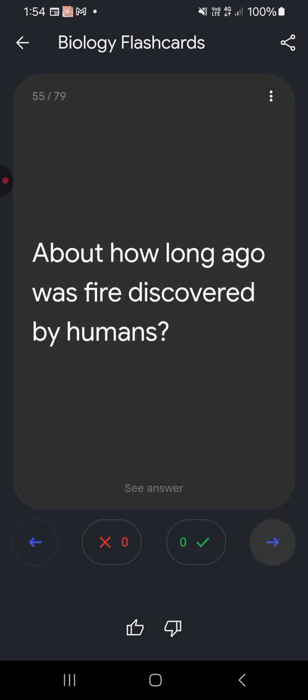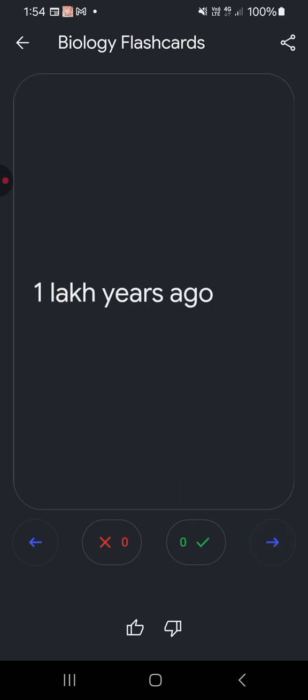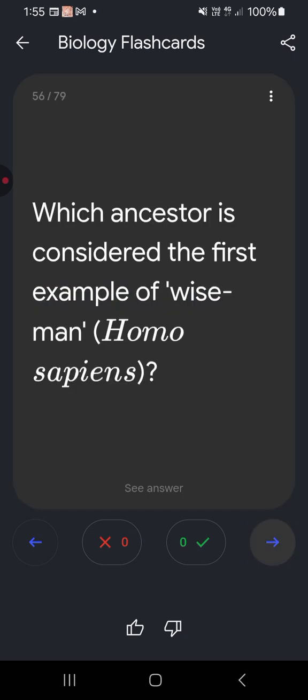How long ago was fire discovered by humans? 1 lakh years ago. Which ancestor is considered the first example of wise man?